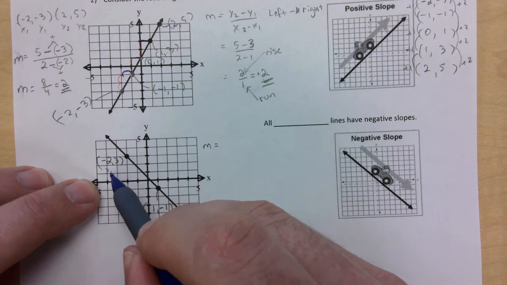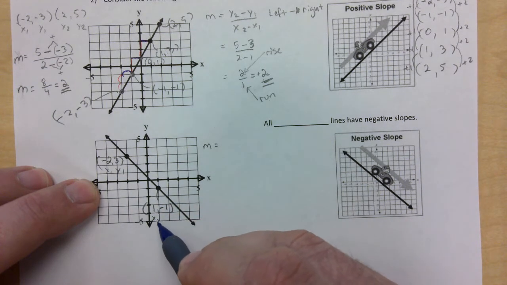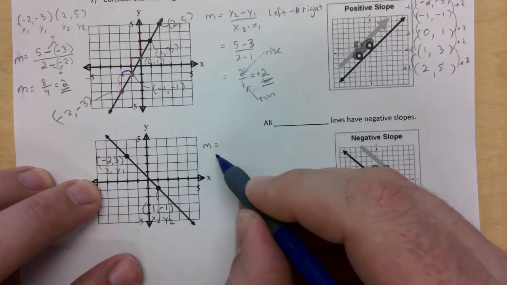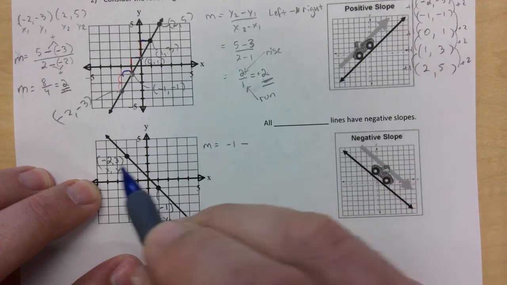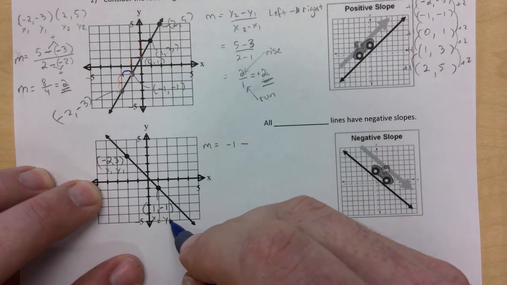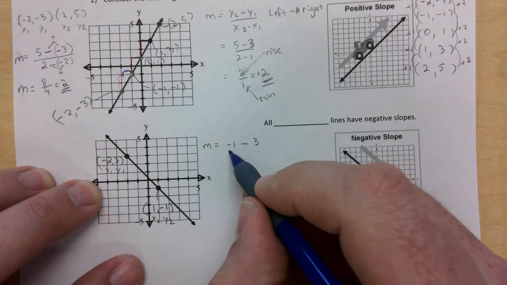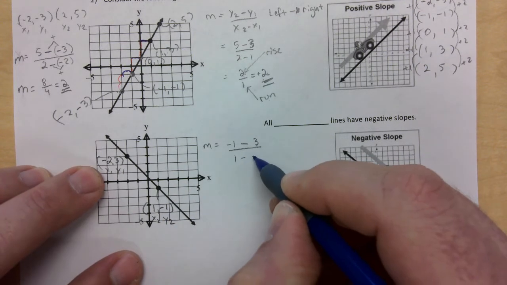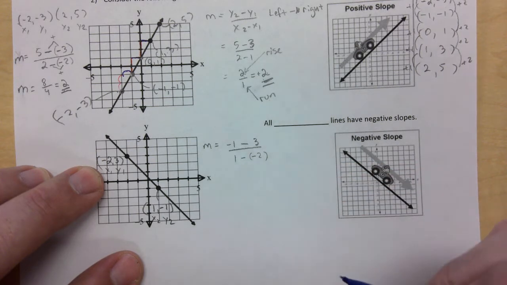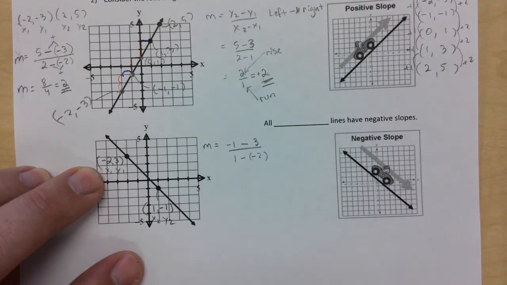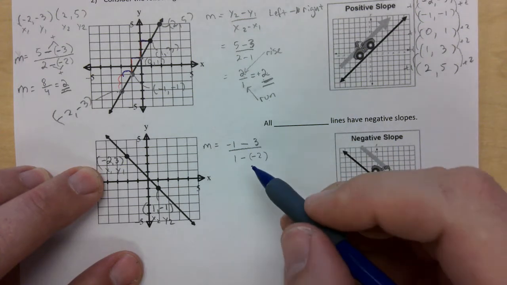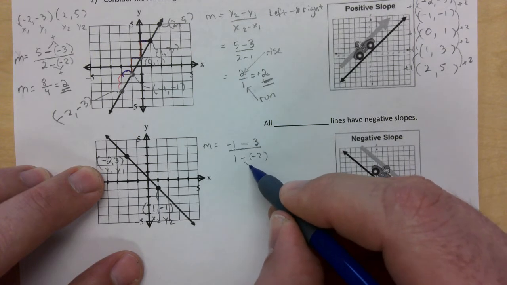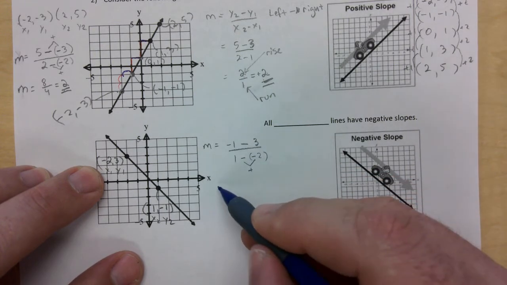Let's make this our x1, y1, and this the x2, y2. And so the slope would be -1 minus 3, so y2 minus y1 over x2 minus x1, which happens to be -2. So watch the double negative. The negative that I write down first comes from the formula, and then the value, if it is negative as well, make sure you put it in brackets, and then point out the fact that they will be positive.